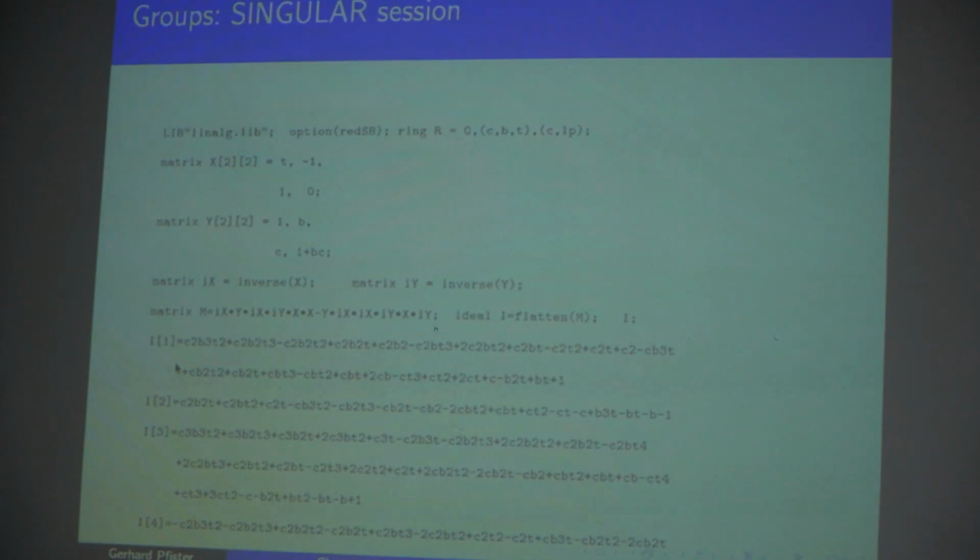You define the ring R to be the ring with variables c, b, t, and you define the matrices and make this identity. The matrix M gives the relation, and then you take the ideal which comes from the entries of the matrix, by the command flatten, and then we get exactly the ideal which I showed you already before.